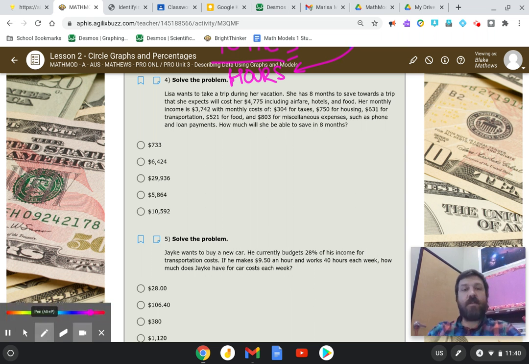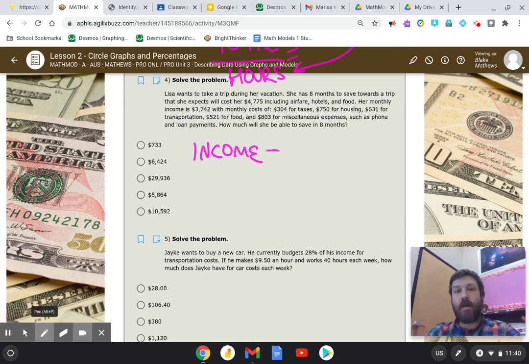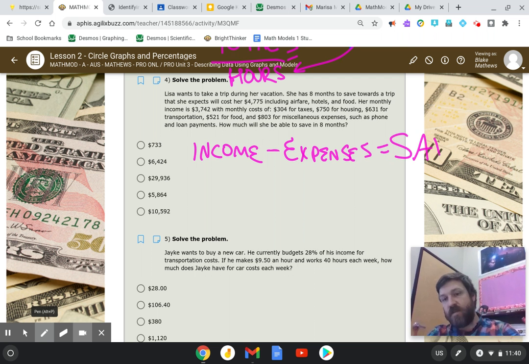So just to sketch out the plan of this problem, we're going to have income minus expenses. What's left is how much she is going to save each month.